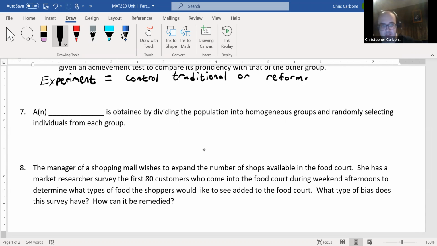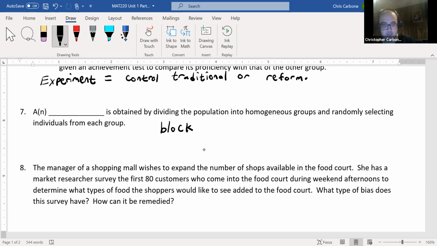So, because these are homogeneous groups, and they're first divided into that, and then we would randomly select individuals from each group, this particular word in this case is going to be a block, right?